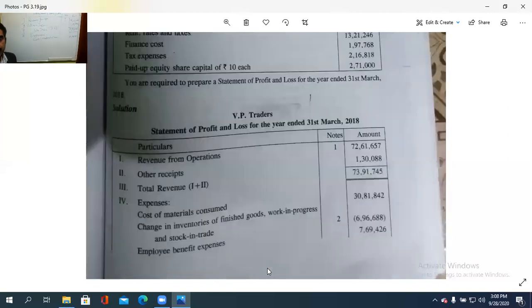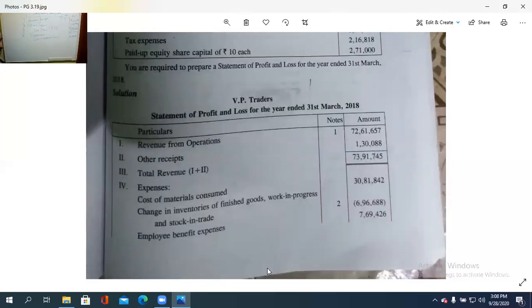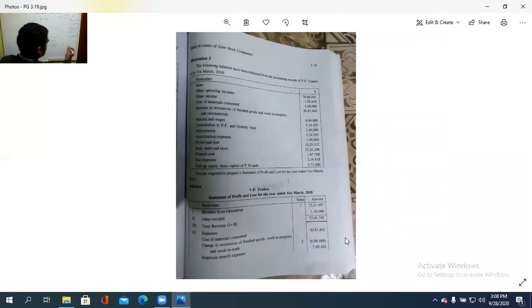Then next, change in inventories of finished goods, work in progress, and stock in trade, because this is the expenditure part. Here there is no stock in trade, right? So change in inventories of finished goods or work in progress. The second note, because this is directly given in the question and we are putting it here, no working, no adjustment item.